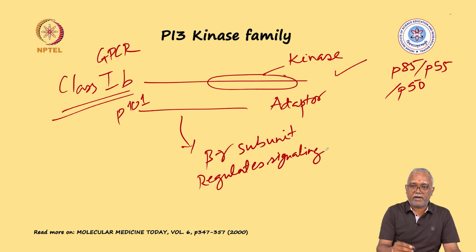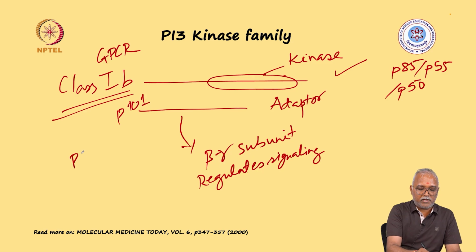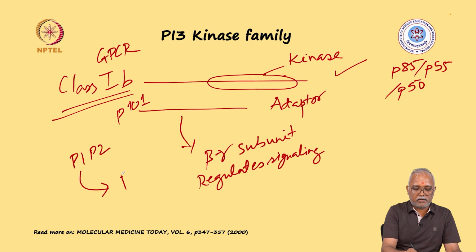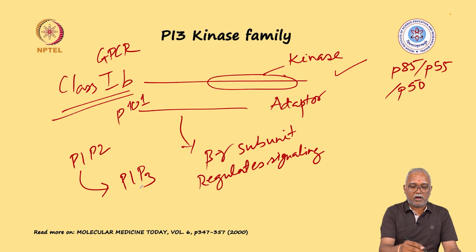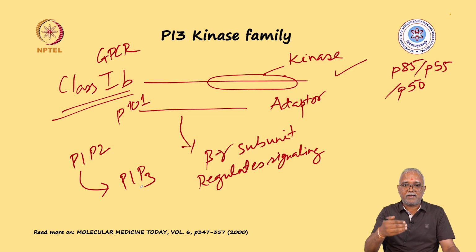So remember what PI3 kinase will do: it will take PIP2 as one of the substrates and convert it into PIP3, and that is how it will work opposite of what PLC is doing. So the PI3 kinase family also comes into the picture. However, this is not one of the directly activated molecules downstream of G alpha.